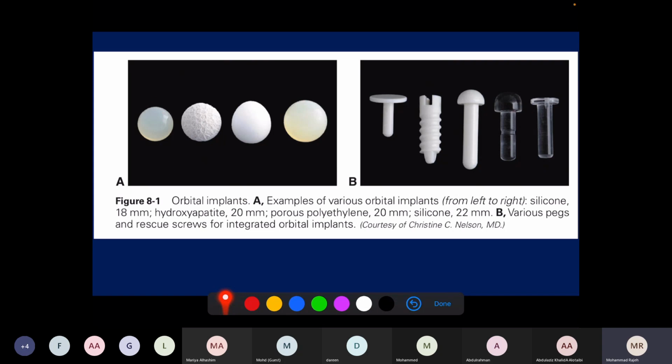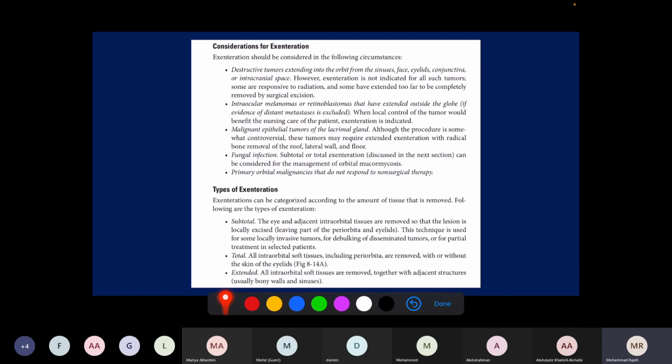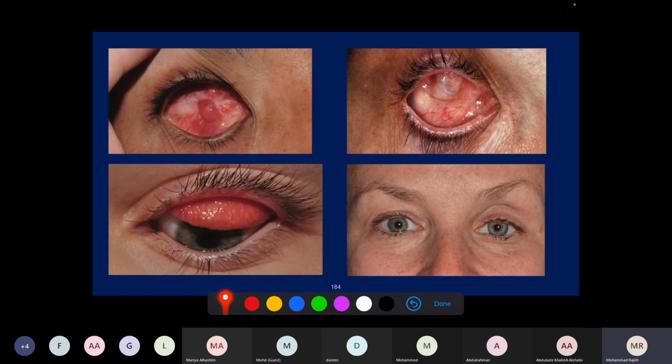You can see that this is silicone, hydroxyapatite is porous, and this is a larger silicone. Nobody, I think, is doing PIGS anymore because it was causing pyogenic granuloma. So exenteration, these are the indications of exenteration, not commonly asked.